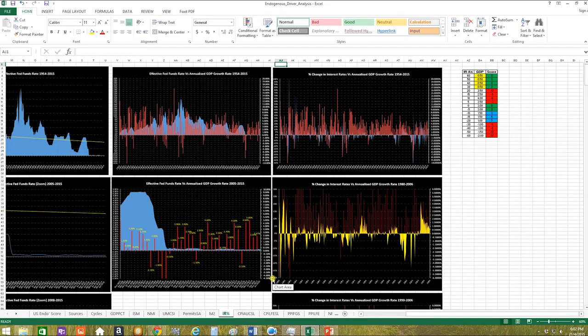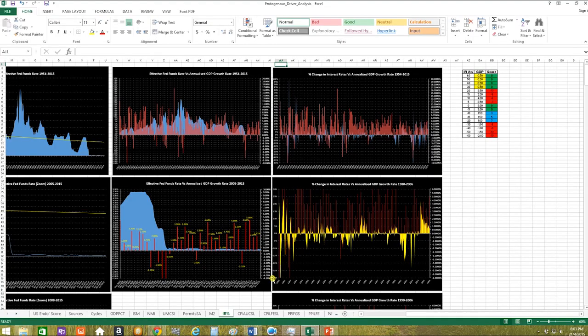But there is a time lag. So, for example, when there are very large percentage change decreases in interest rates, this is generally associated with a slowdown in the annualized GDP growth rate. So basically the Fed is reacting by decreasing interest rates aggressively. So the magnitude, the percentage change is greater in the negative direction.